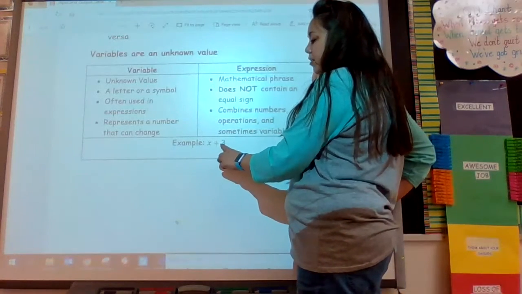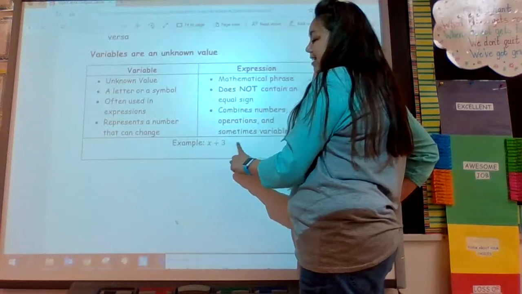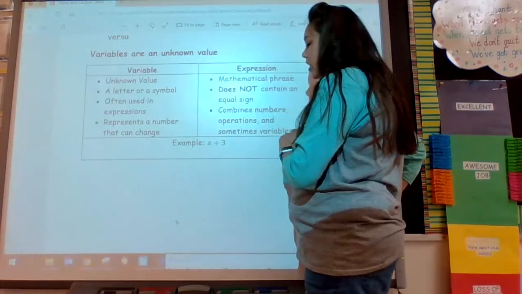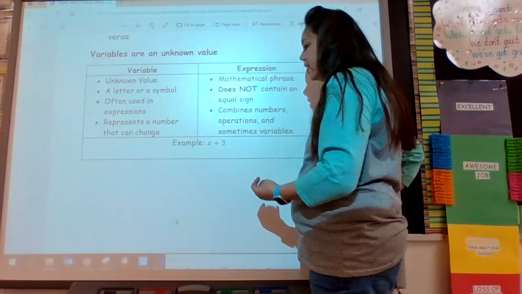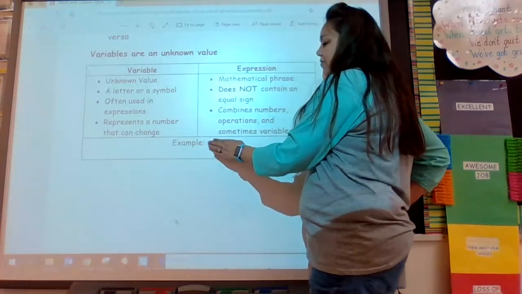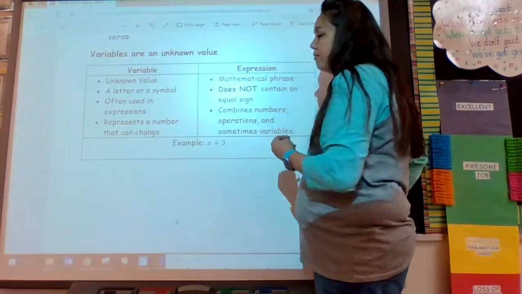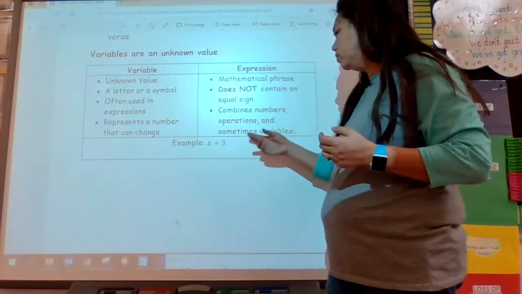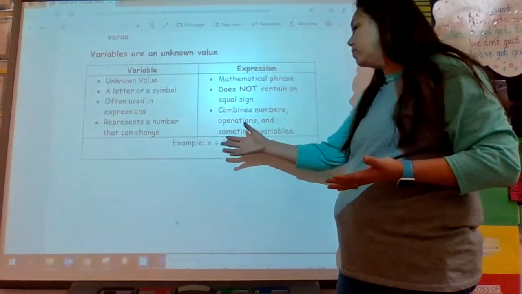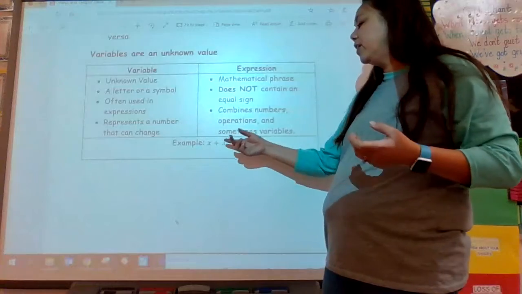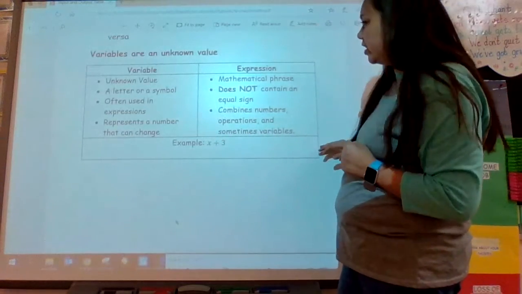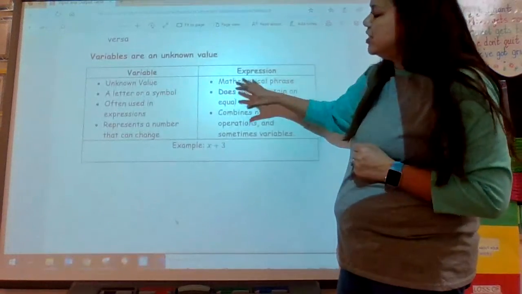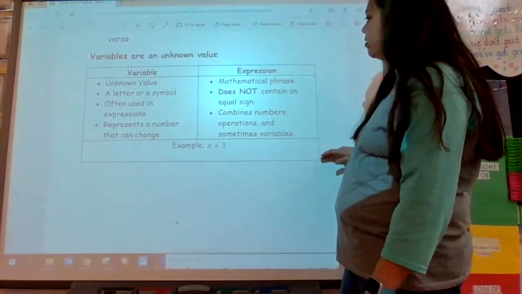So X plus 3 is an expression because it doesn't have an equal sign. It could be 5 plus 2. That's an expression. Okay? It doesn't have to just have a variable in it. It can be 2 numbers with operations. It could be 2 variables. And we don't know exactly what to do with those. But those are expressions. Just think of them as number sentences without an equal sign.